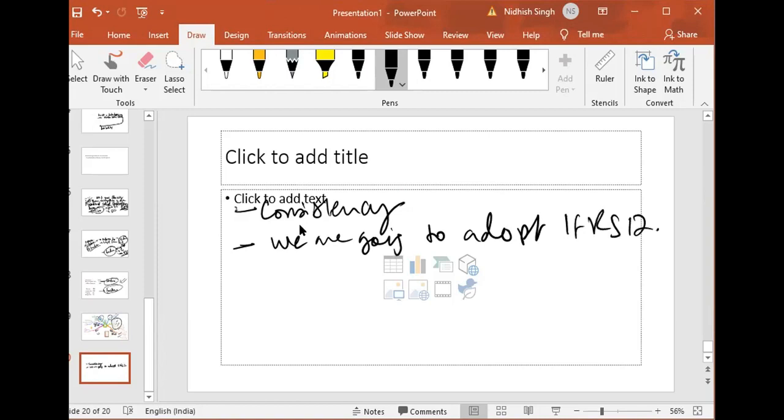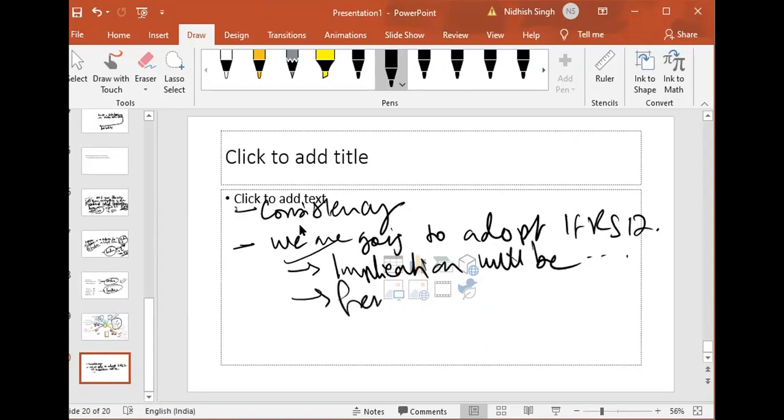Some of the financial statements would pre-announce that we are going to adopt this accounting standard, and the implications will be such and such, from this date. So we can talk about the accounting pronouncement in advance, and you'll see many financial statements actually do have a section talking about the accounting policy that we are going to adopt.